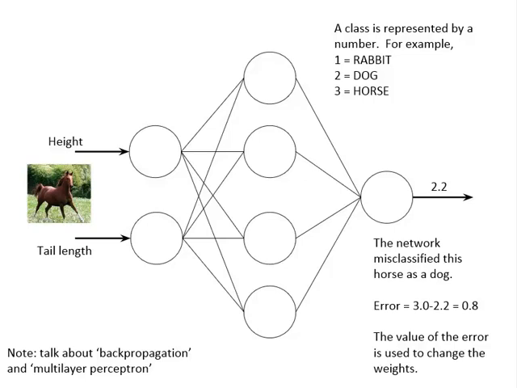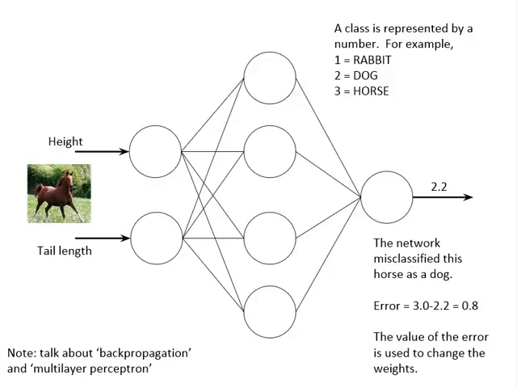The feature values of a single data point come into the two neurons. Each neuron limits the value with its limiting function, and then sends the value off along one of these links where the value is multiplied by a weight. Each of the receiving neurons adds up all of the inputs that are coming to it and limits that value with its limiting function and sends the output out again.